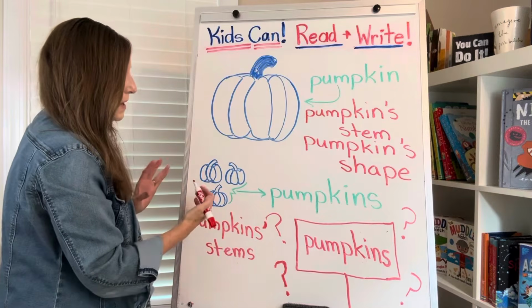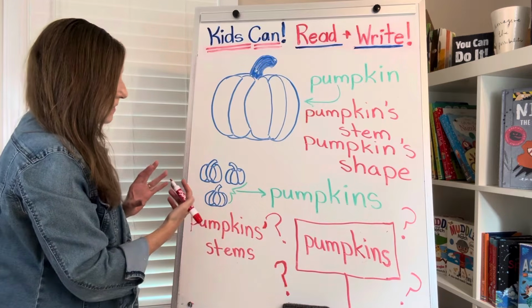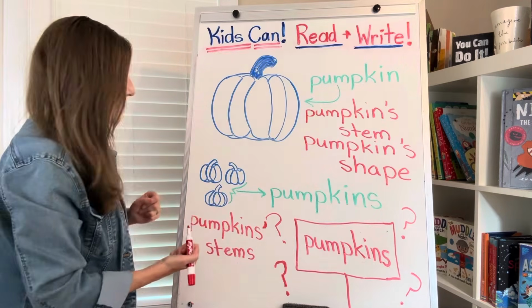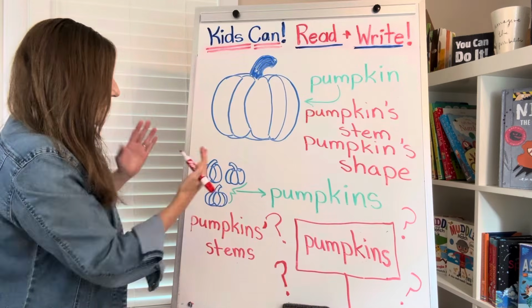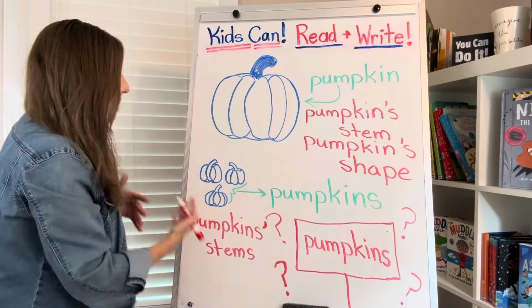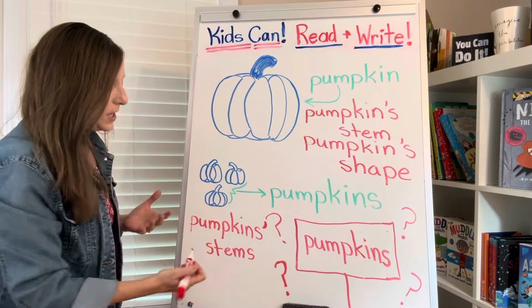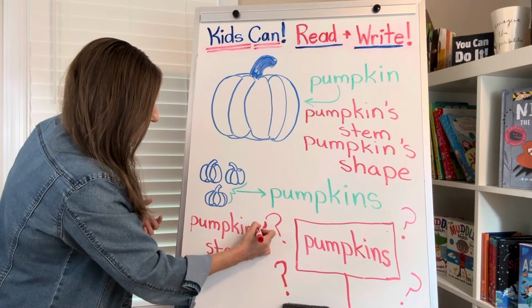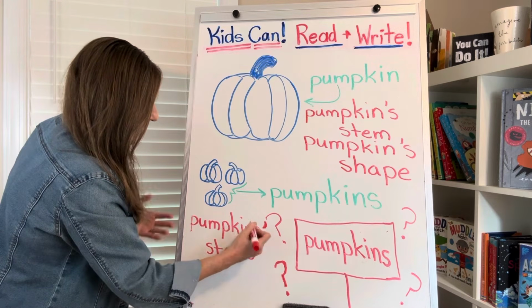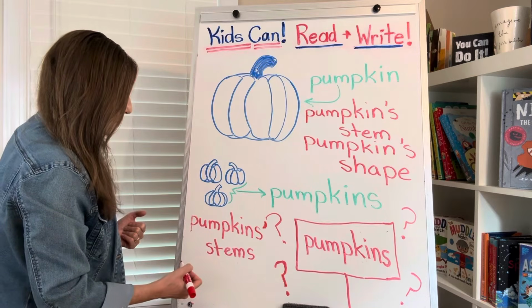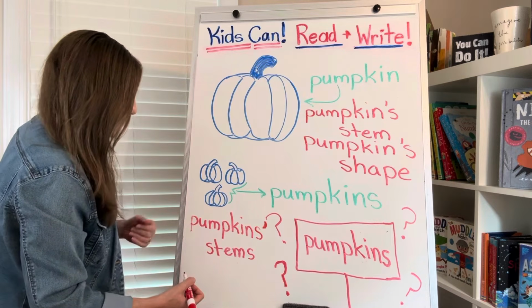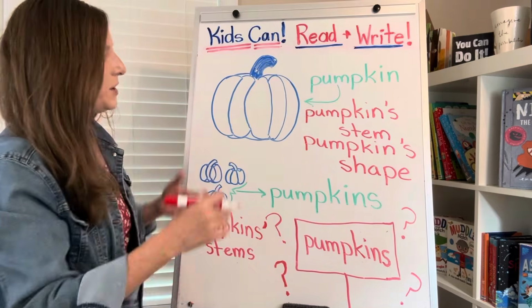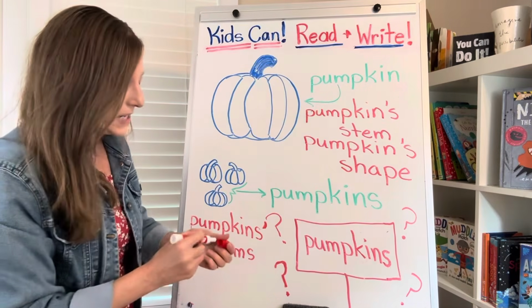We could say the pumpkins' owners. Anything that belongs to all of them that we're talking about, we're going to put the S to show we have more than one, and then whatever belongs to them, okay? Stems, shapes, whatever. So I hope that helps, guys.